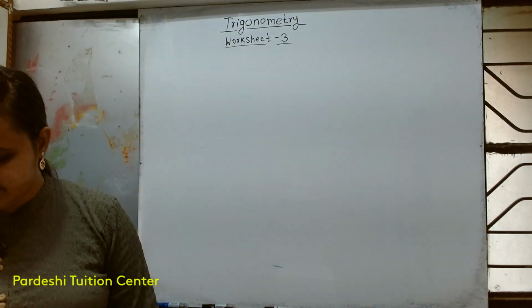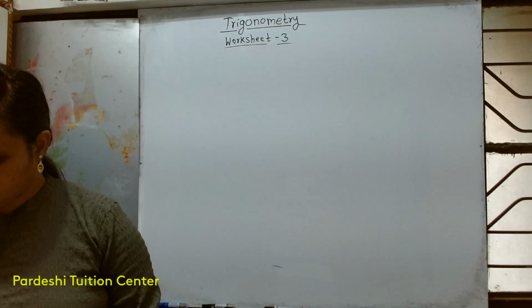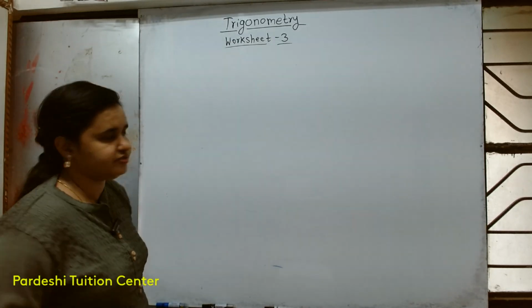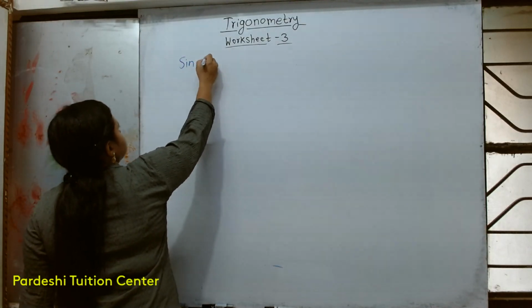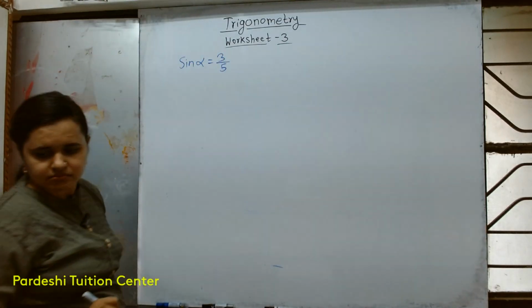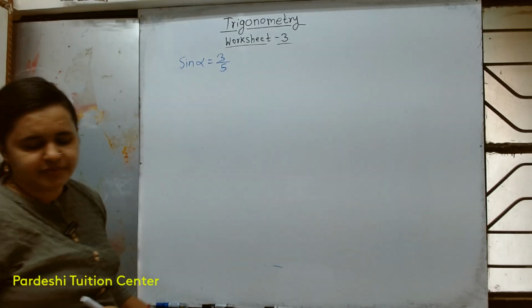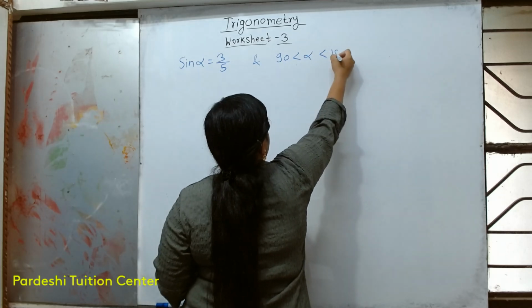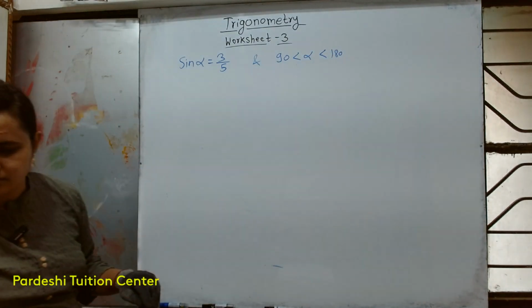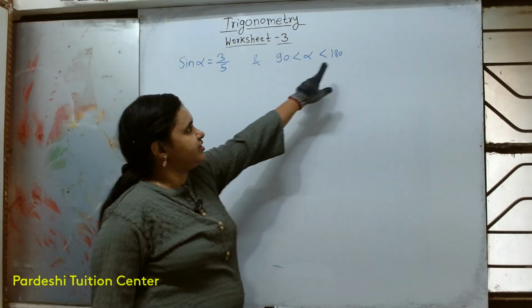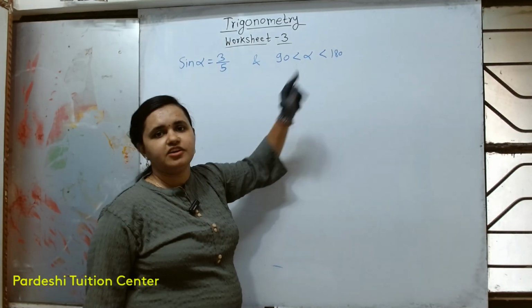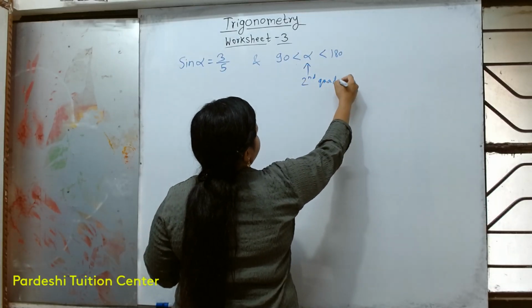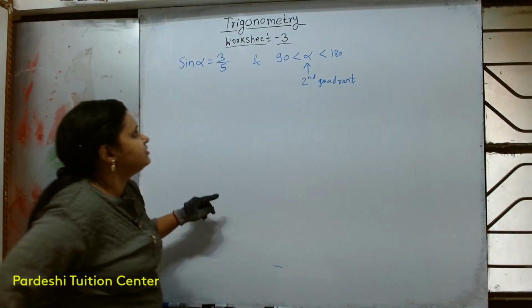Now question 23, matrix match type. Sin alpha is given as 3 by 5, and alpha is in between 90 and 180, which means it is in the second quadrant.